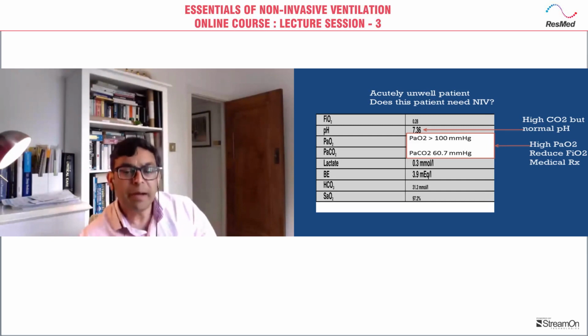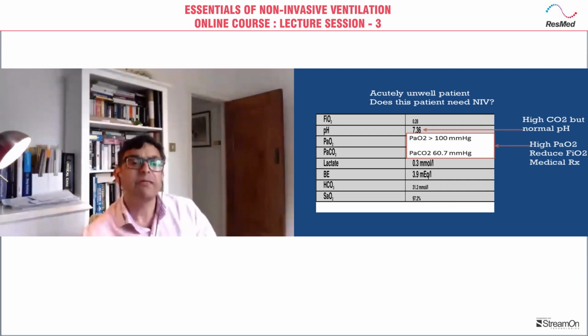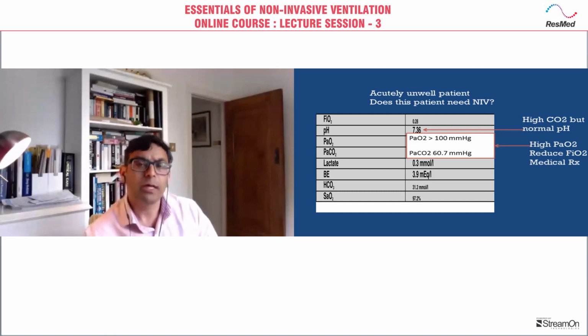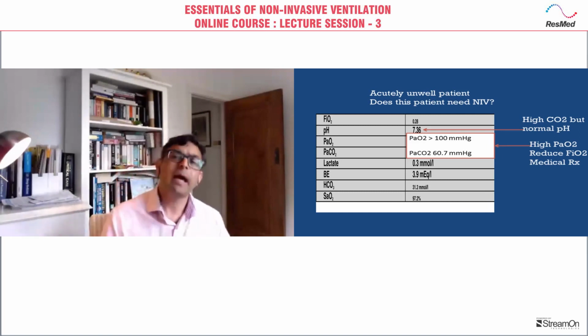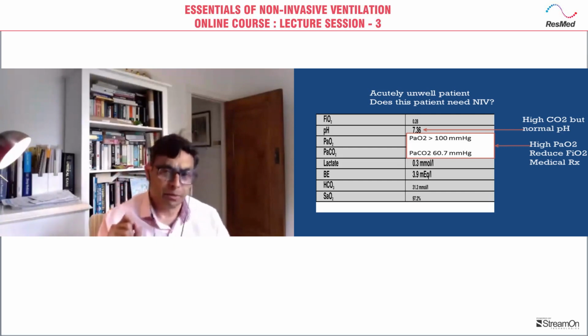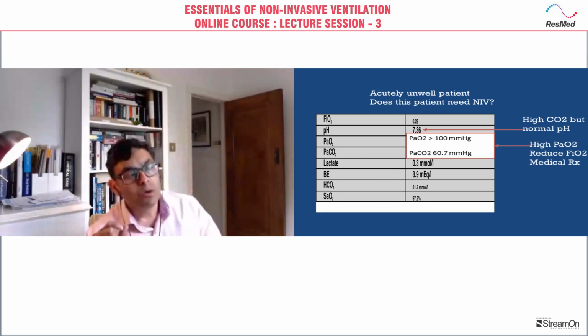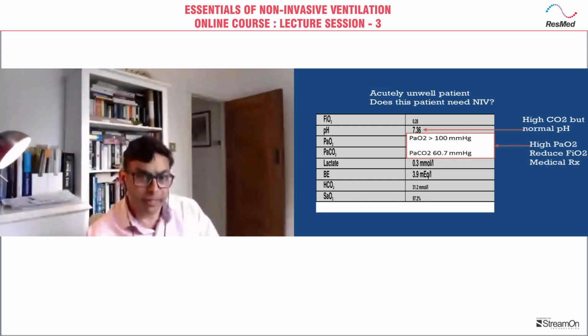Whether they need non-invasive ventilation will depend on their background condition. As shown in this slide with arrows, we have got a normal pH, but a high carbon dioxide level. The first thing we have to do is titrate the oxygen, particularly if they are COPD, then optimize treatment because they are not acidotic.